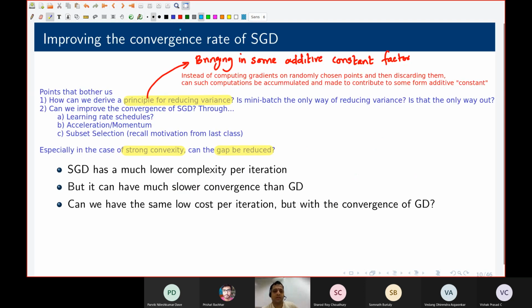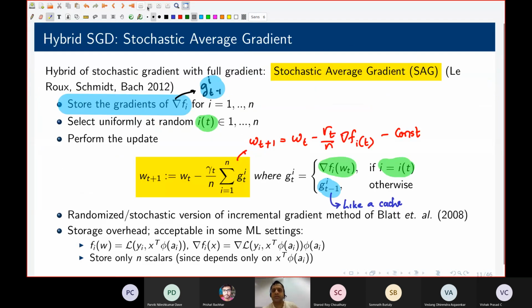The previous slide, right? This additive constant factor, because this will not change much across epochs. Now you look at it. All that you have to do is some storage, and even that additional stored constant, you'll just incrementally update for the points that have changed.